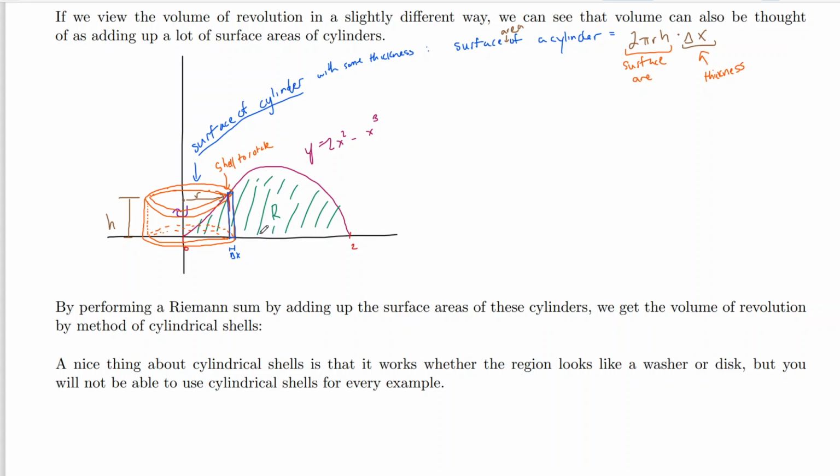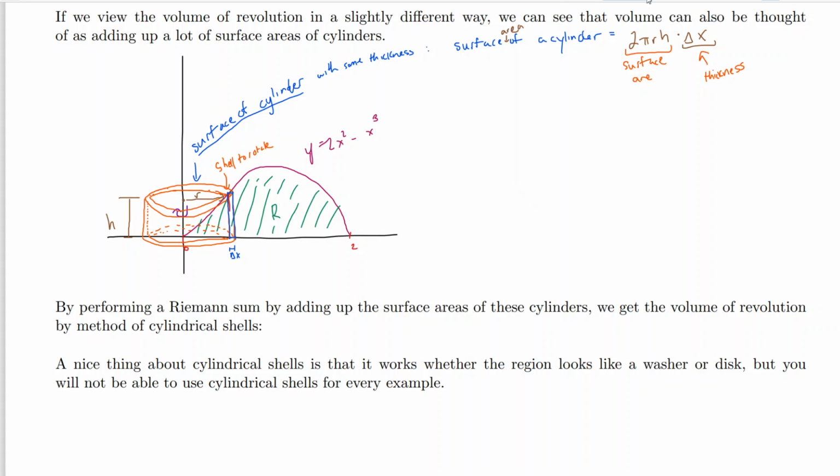This is like our b minus a over n as referring to old stuff, but we're just going to use delta x for simplicity here because we know what's going to happen if we approximate the region by all these rectangles. Then we add all these surface areas up, we take the limit as n goes to infinity, and it becomes an integral.